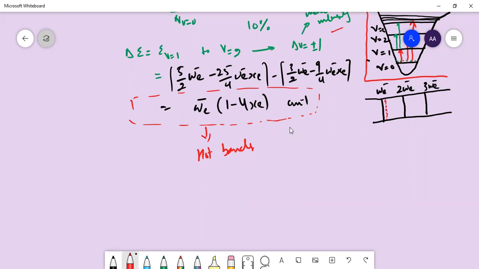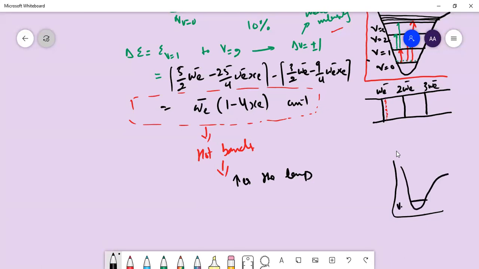So if you have to identify these hot bands, you have to increase the temperature. When you increase the temperature, the molecule will move from your ground state, that is mu is equal to 0, to mu is equal to 1 state.